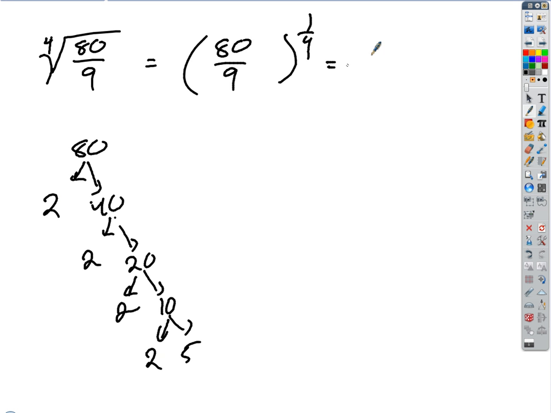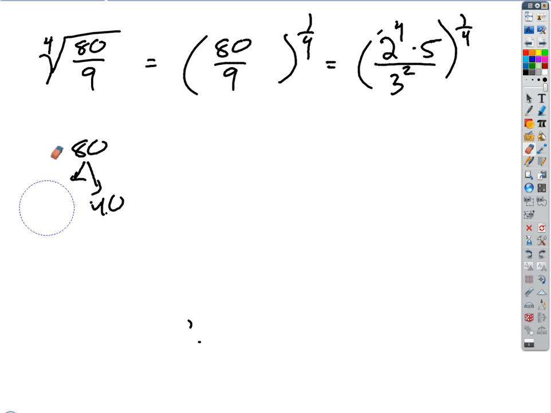So this becomes 2 to the 4th times 5 to the 1 over, on the bottom, 3 to the 2nd, if we want to write it that way. That's fine. And then we just define this. Okay, so how does that help us on the top?